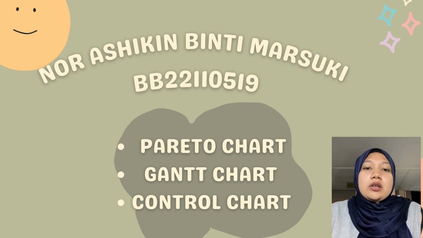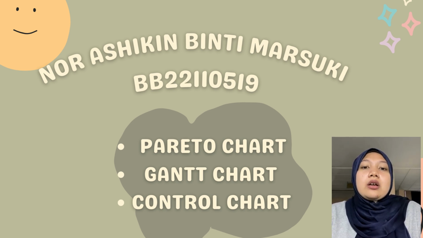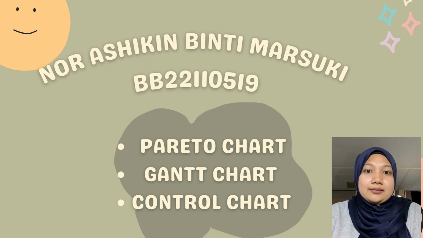It follows the 80/20 rule, meaning most problems come from a few major causes. The control chart is used for monitoring progress and stability over time. It helps us see if a process is under control or if something unusual is happening.